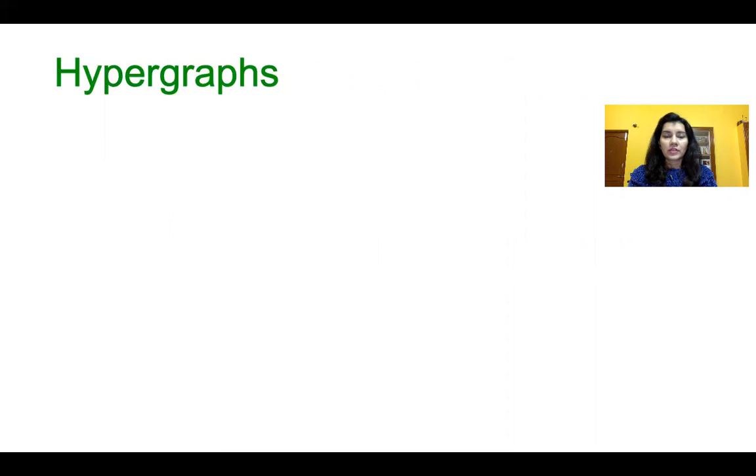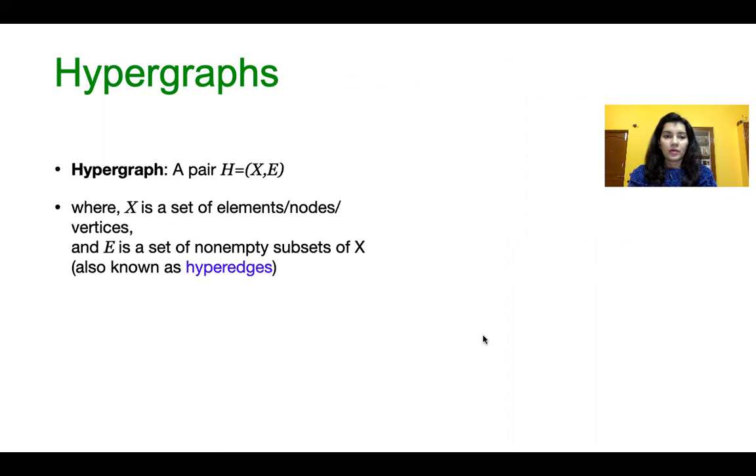Just to ensure that everybody is on the same page, we briefly go through what a hypergraph is. It is simply a pair of two sets. First is a set of elements or nodes or vertices, and the second is a set of non-empty subsets of X, also known as the set of hyperedges.